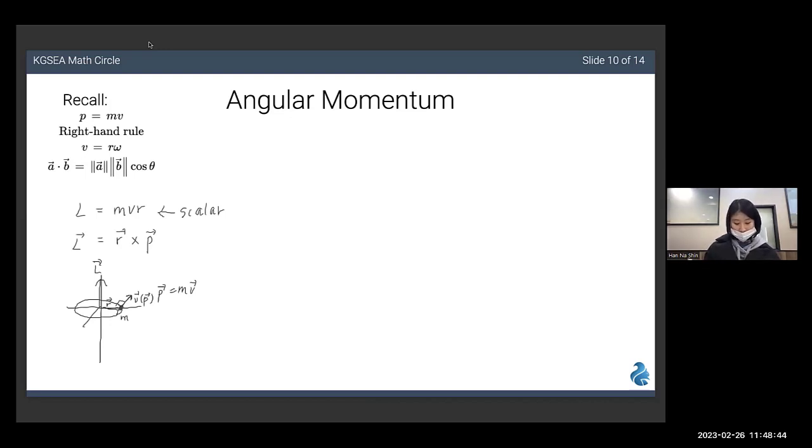L is the direction of angular momentum, and so that would be pointing up. That would be our thumb. And if we move p onto the origin, just like r, we would go from r to p. In that way, your thumb, your angular momentum, is pointing upwards, the same direction. So here we know that L equals r cross p, not p cross r.